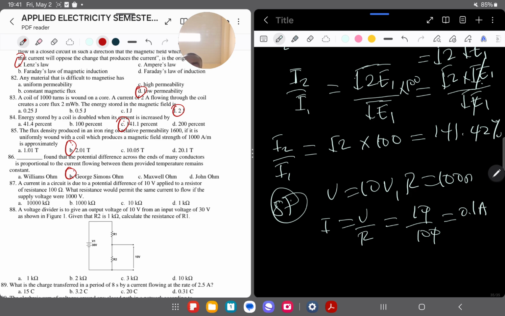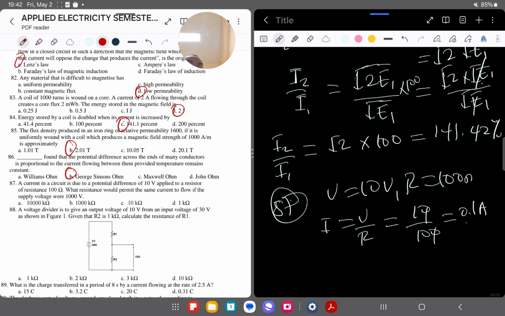Now, if this same current, 0.1 amps, was to pass through a resistor, we are interested in what resistance will permit the same current if the voltage supply is now 1000. So we are maintaining the current to be 0.1.